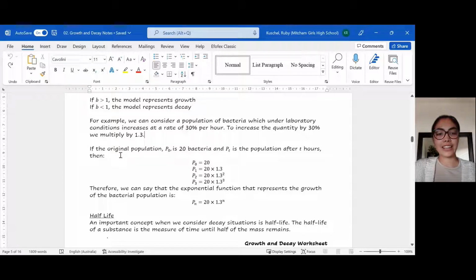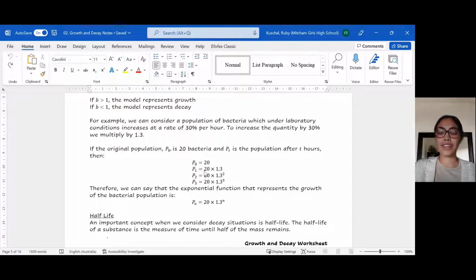In the next line, it says that the original population, P0, is 20 bacteria. So that is my A naught, or in this case P naught. And it's saying that the population is increasing after a certain number of hours, so t in this case is now in hours. For the first one, P at time 0 hours, I was beginning with 20.